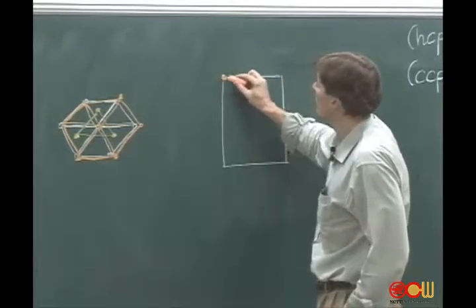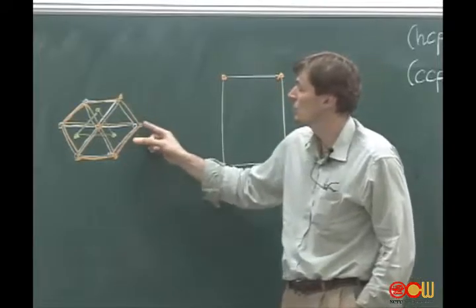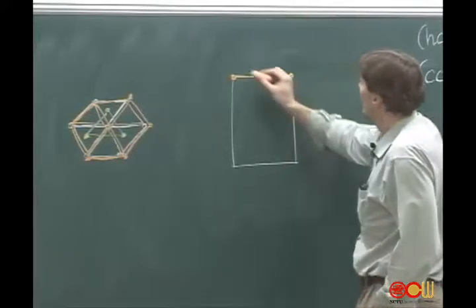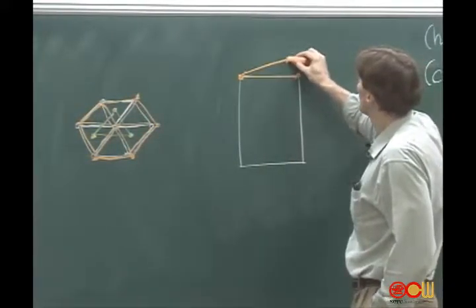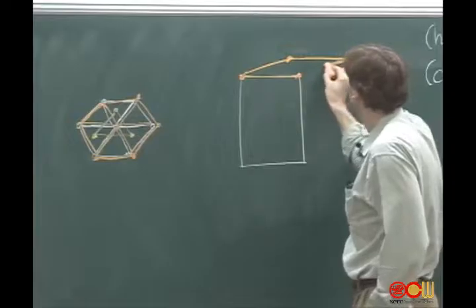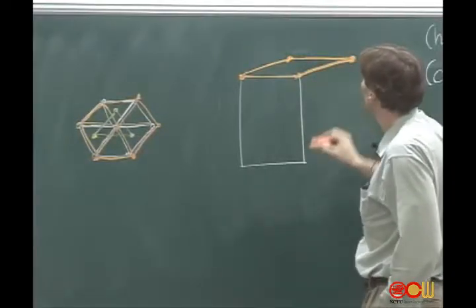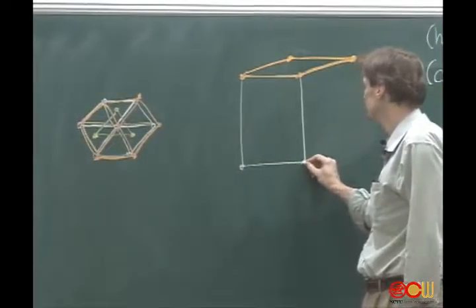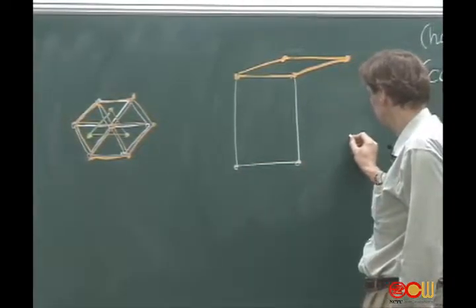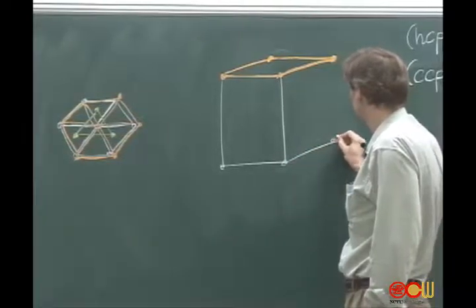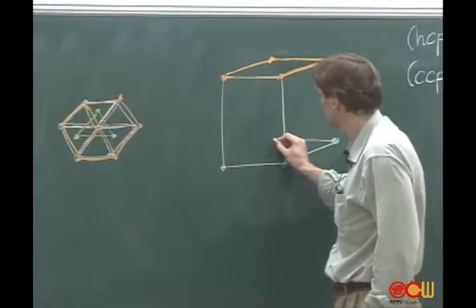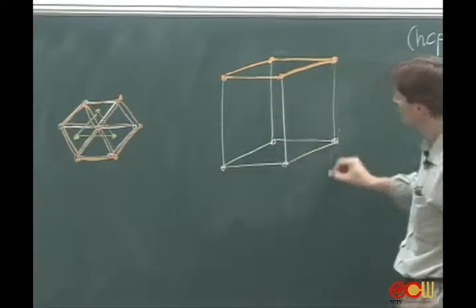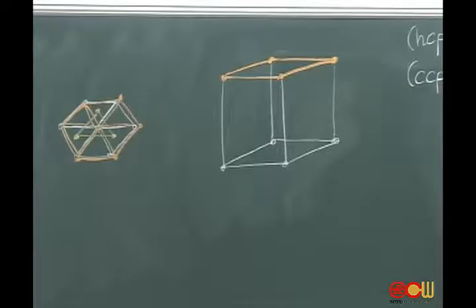Now this one should be orange because these are 2. And I'm getting this structure.